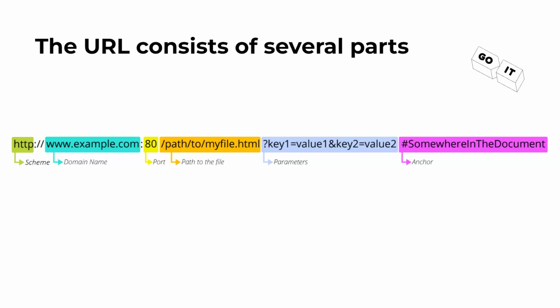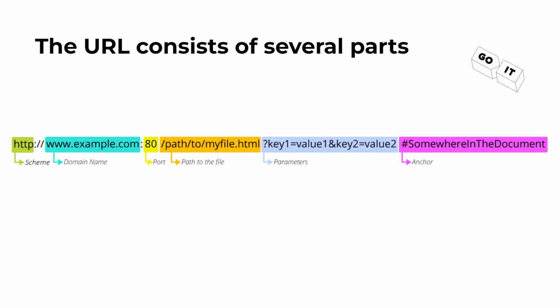So the parameters are the values being queried during a search. It contains a key and value, which is separated by an equal sign. And if a URL has multiple parameters, then they would be separated with an ampersand.